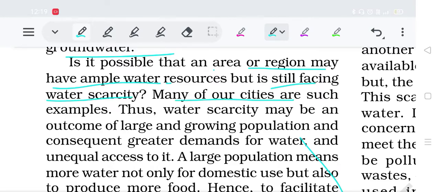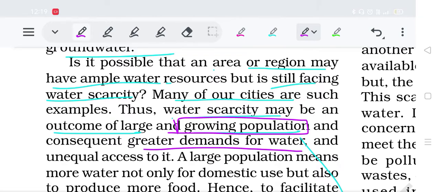Many of our cities are such examples. Thus, water scarcity may even be an outcome of a growing population. So they are saying one reason can be growing population and consequent greater demand for water and unequal access. Unequal access is a very main point, because where there is a lot of water they are exploiting it, where there is no water they are starving for it.